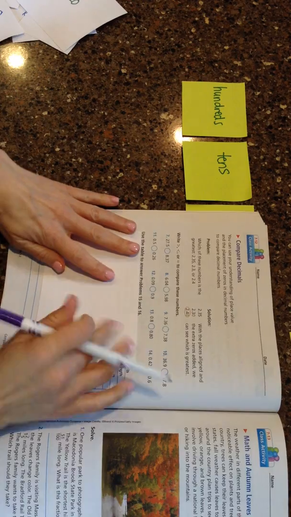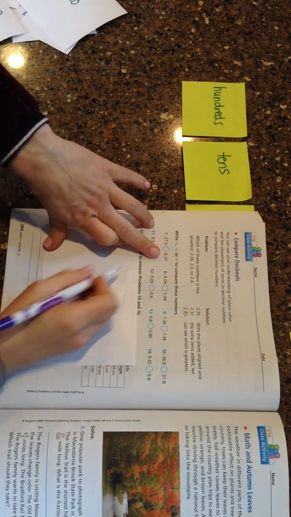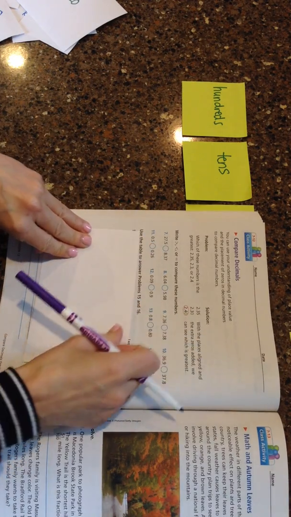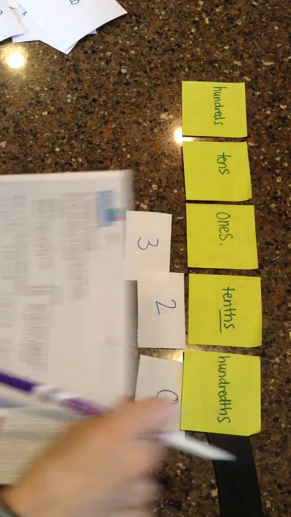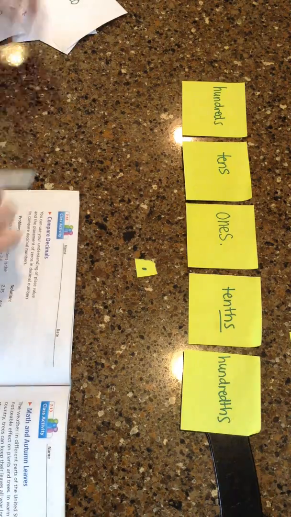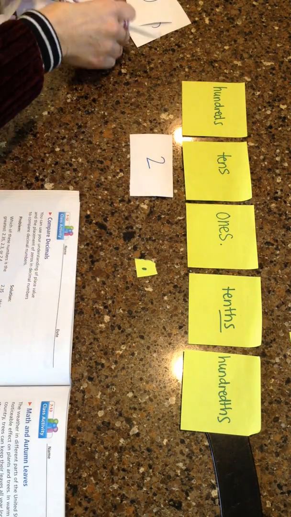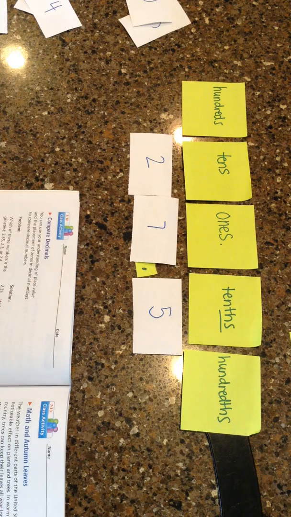Super. So look at number 7. We have 27 and 5/10 and 8 and 37 hundredths. I want to show you how to think about this in terms of writing this out. Actually, let's go back to my chart here. 27 and 5/10, right?